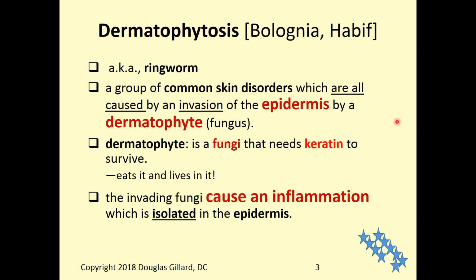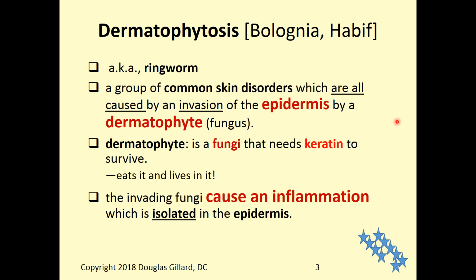Dermatophytosis. So often dermatophytic lesions are called ringworm infections, which is not a great word because they don't have anything to do with worms, as we'll see. But they're a very common group of skin disorders which have one thing in common.